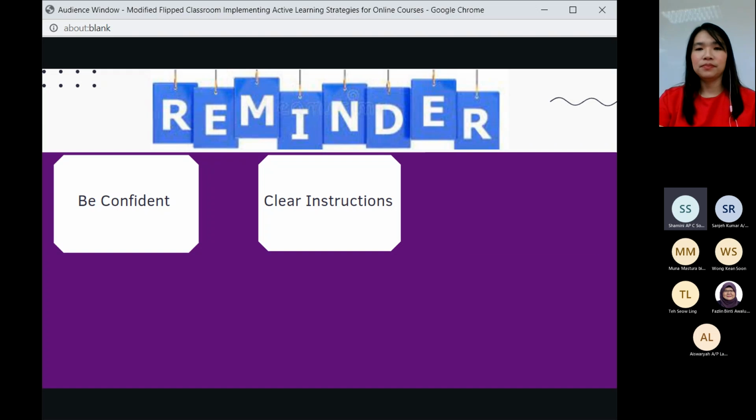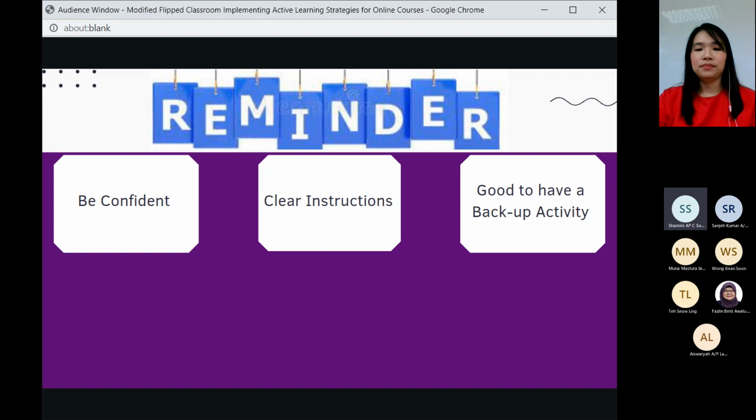Number 3, it's always good to have a backup activity, especially in class. Let's say you plan a jigsaw group puzzle activity, and it doesn't go as well as expected.